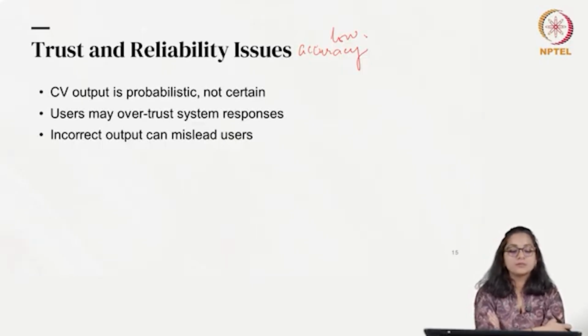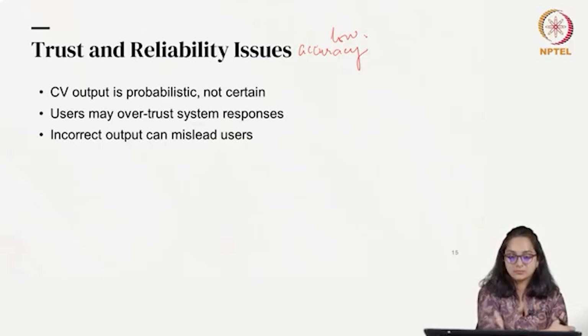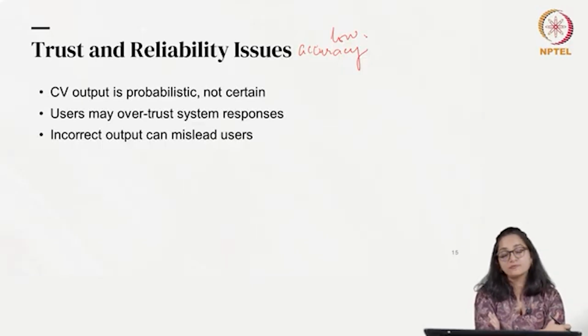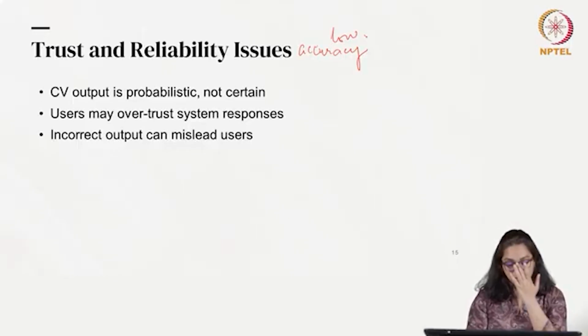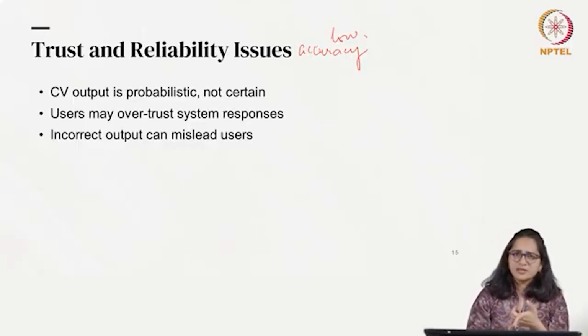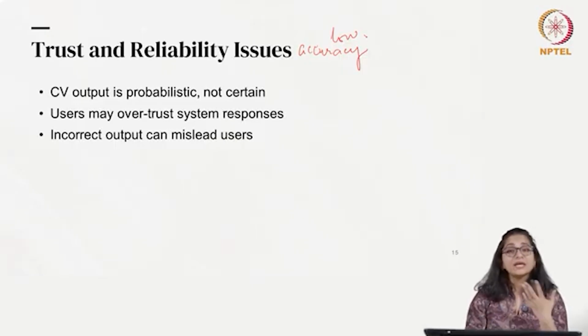And users may over trust the system entirely and then face consequences which are not meant or intertwined in the probabilistic models. Then incorrect output can mislead users, right? So be it wayfinding, be it your label reading, be it hazard management, all of those, right?